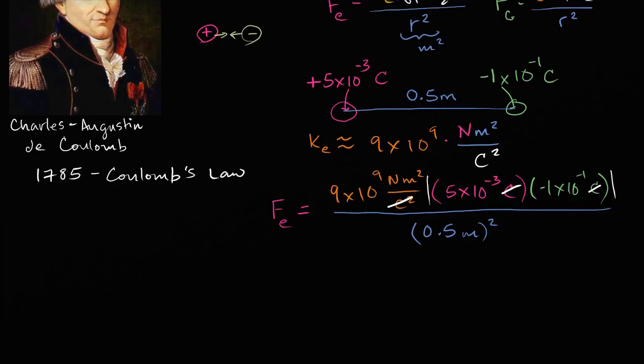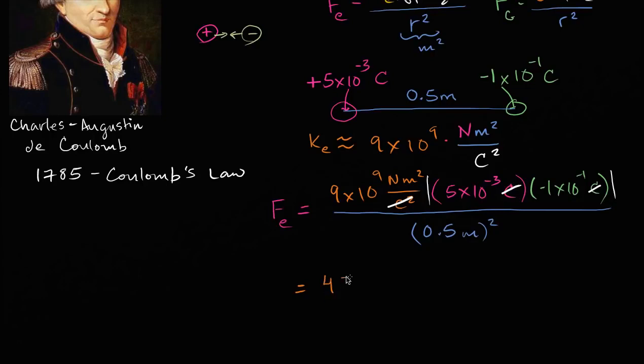So in the numerator, if we just say 9 times 5 times, well, we take the absolute value, so 5 times negative 1 is negative 5, but the absolute value there, so it's just going to be 5 times 9.